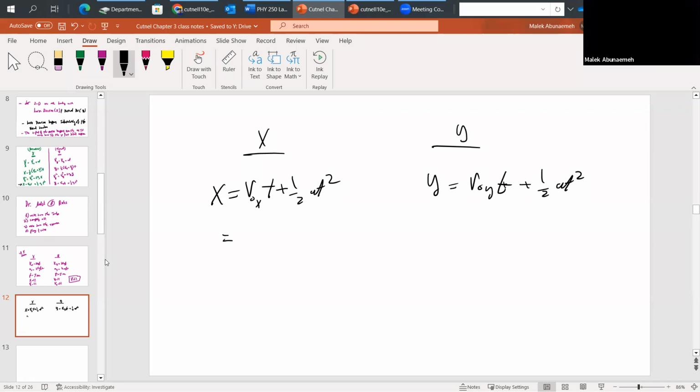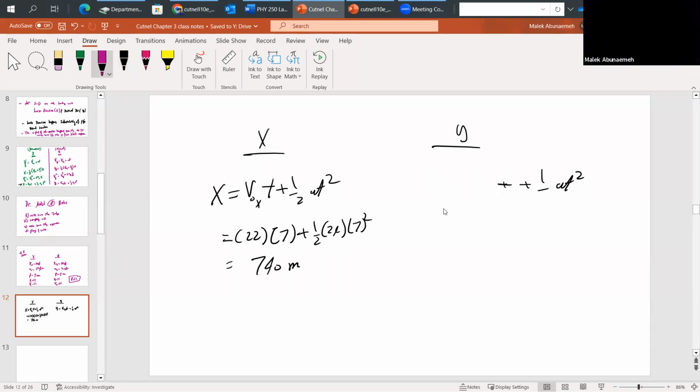Solving this from our information, what you get is 22 times 7 plus 1/2 times 24 times 7 squared, which, if we multiply, let me go ahead and plug into my calculator. You get 740 meters. Actually, let me get a different color for that one.